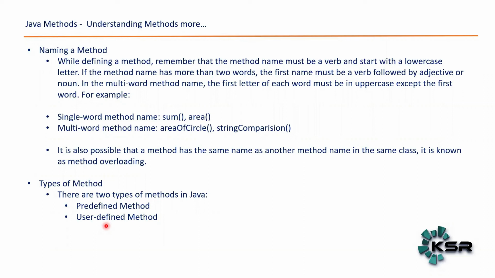How do you compare it? If it is defined by Java, then it is predefined. If you are defining it, it is user defined. We have not seen any predefined method, whatever we have seen is user defined.